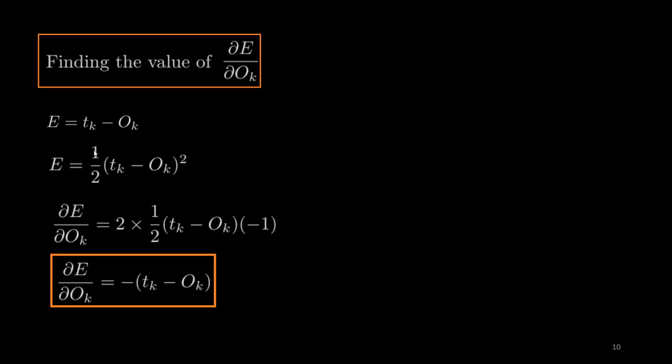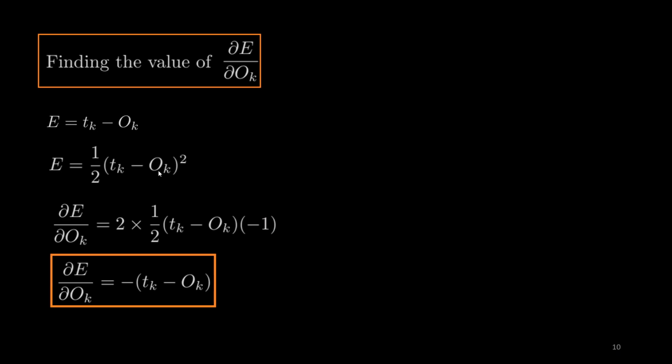The mathematical convenience is that when we take the derivative of this E with respect to OK, this is basically like x square, if you treat this whole bracket as x. We know that the derivative of x square is 2x, 2 times x.